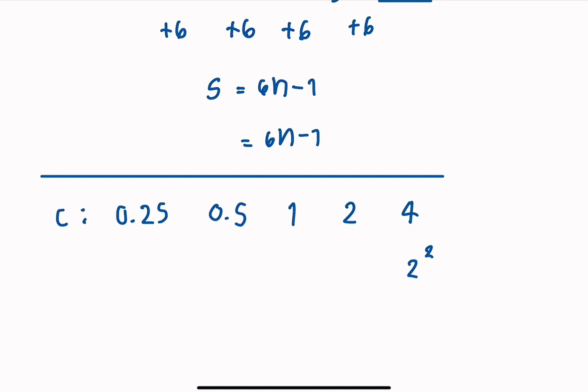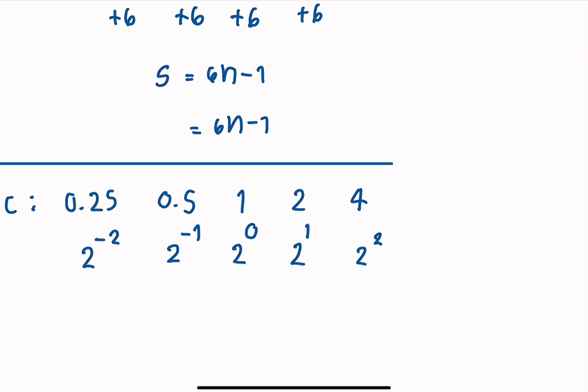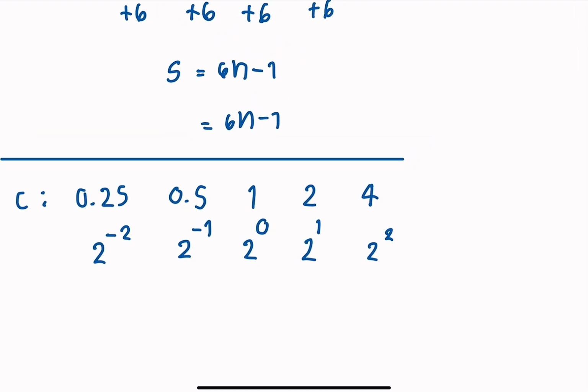Therefore, this is going to be 2 power 1. And this is 2 power 0. And this is 2 power minus 1. And this is 2 power minus 2. Therefore, the n term is 2 power n minus 3.